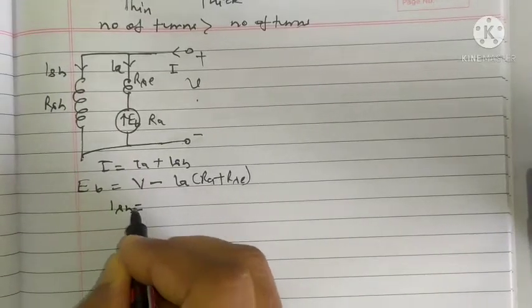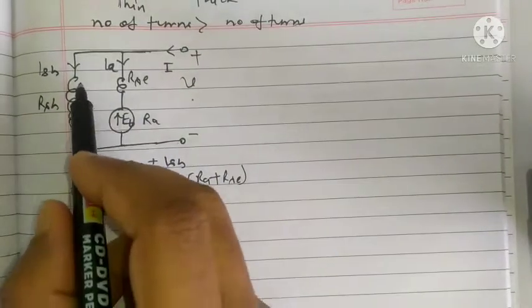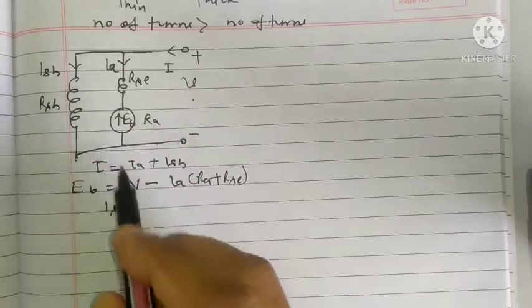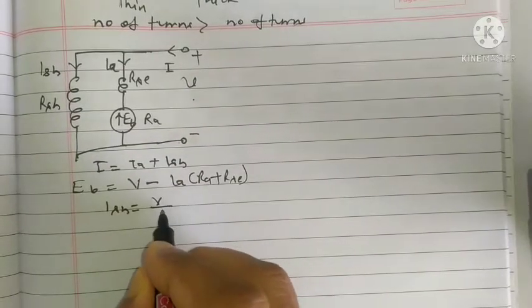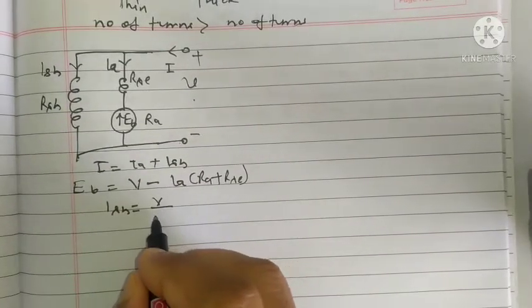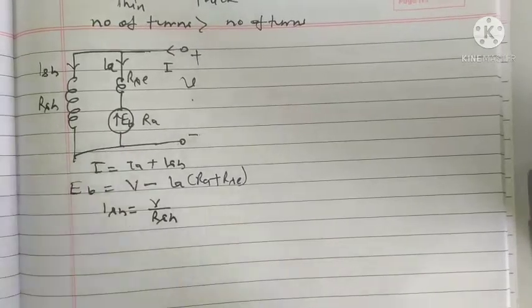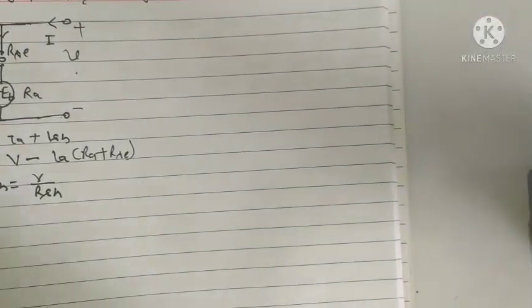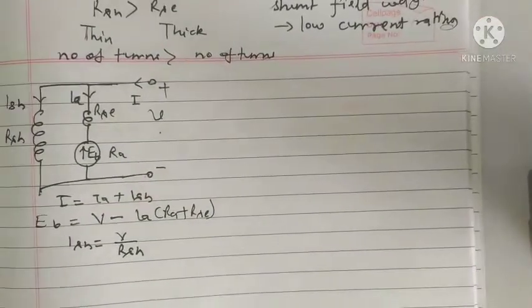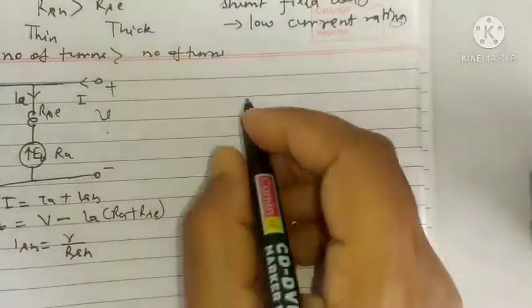Shunt field current ISH will be voltage across it divided by its resistance. So voltage across it is V, and resistance is RSH. So this is what long shunt compound motor.